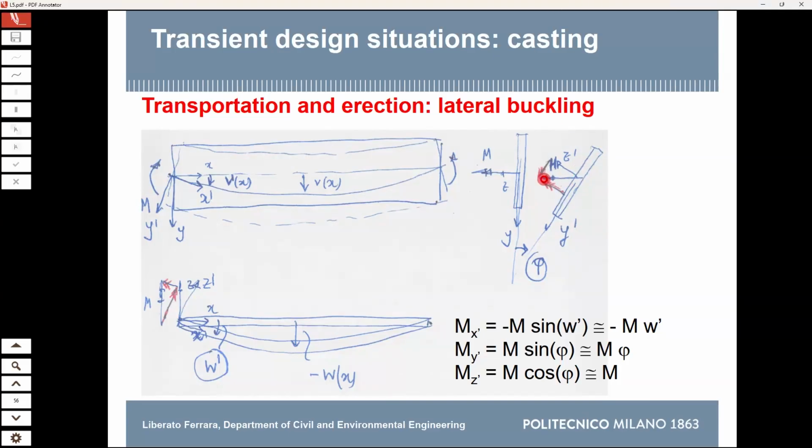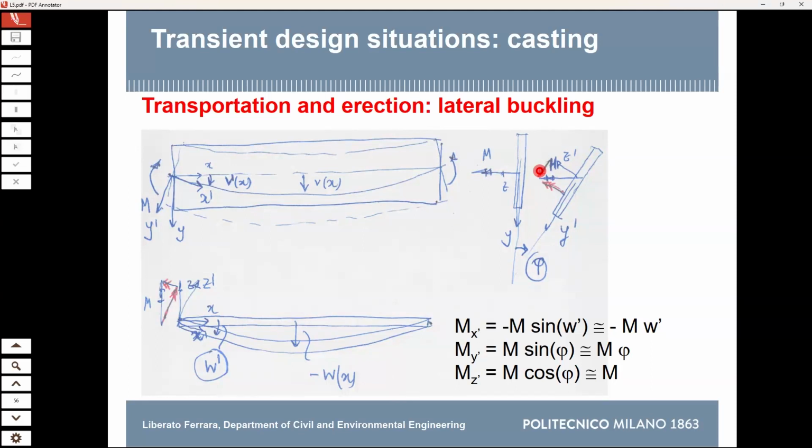So my bending moment M, which is this blue arrow here, when the beam rotates, will acquire a component normal to the cross-section, which continues to bend it in the main plane. But it will also acquire another component which bends it in the lower stiffness direction.